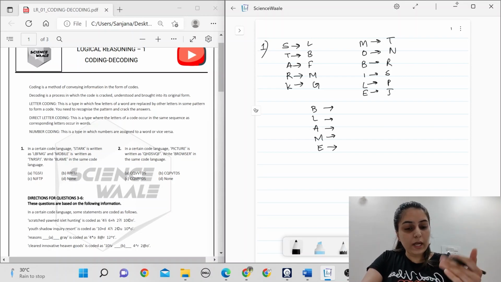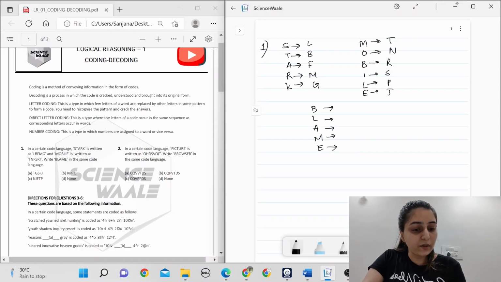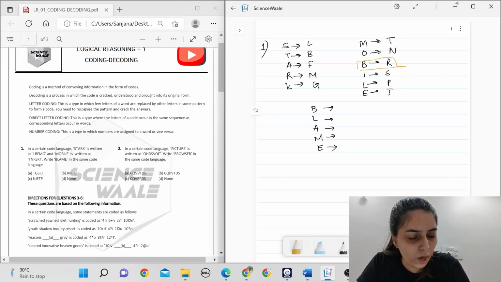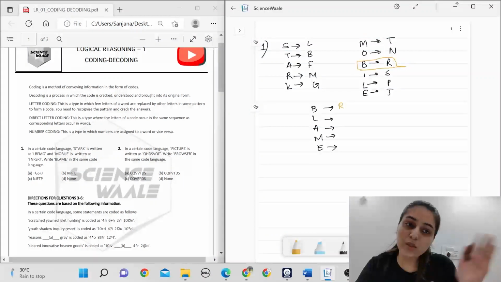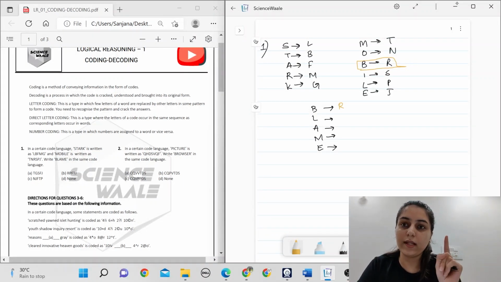If we look at the information given to us, from that we can see that B is coded to R, right? So we will write R because you can check that there is no other B here. T is coded to B, but B is coded to only one particular letter, so B is coded to R. Done.